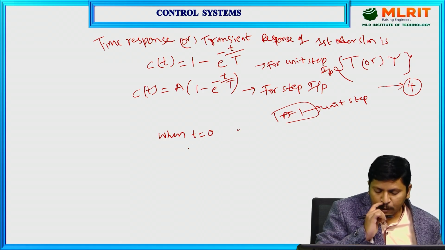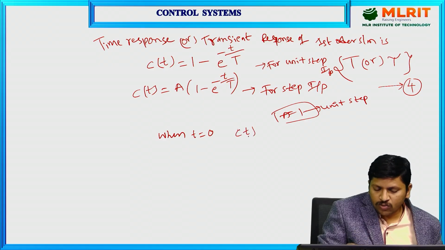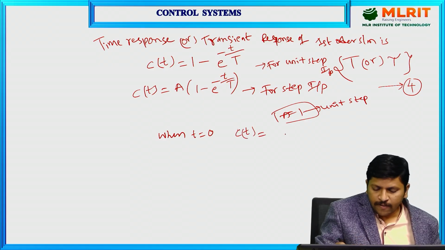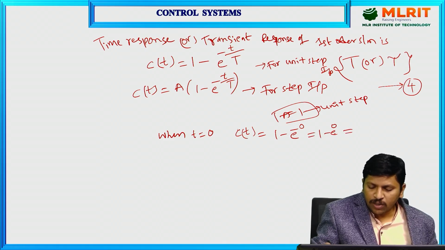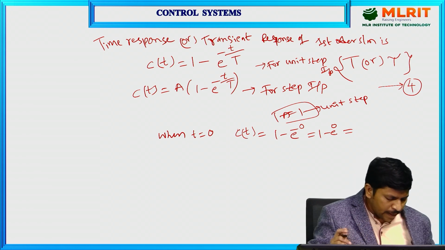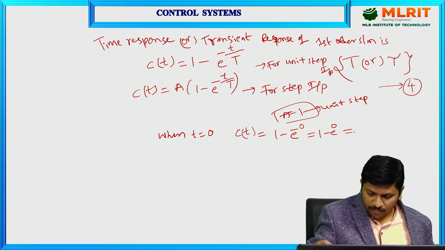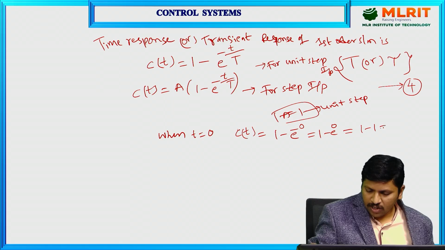When t equals 0, C of t equals 1 minus e power of minus t by T. Here t is 0, so 0 by something is 0. So 1 minus e power of 0. E power of 0 equals 1, so 1 minus 1 equals 0.